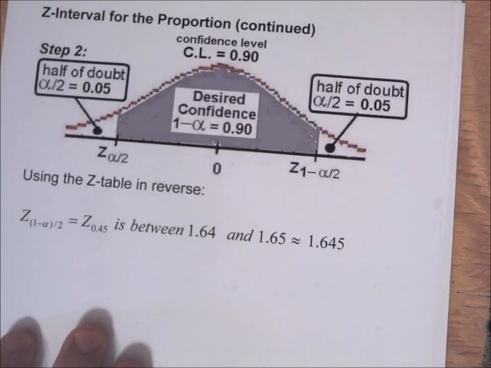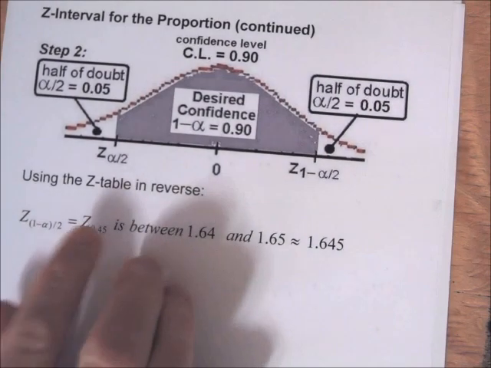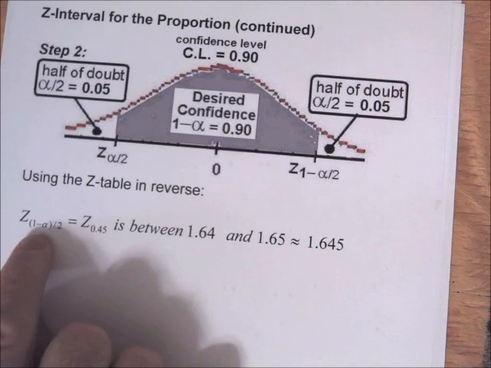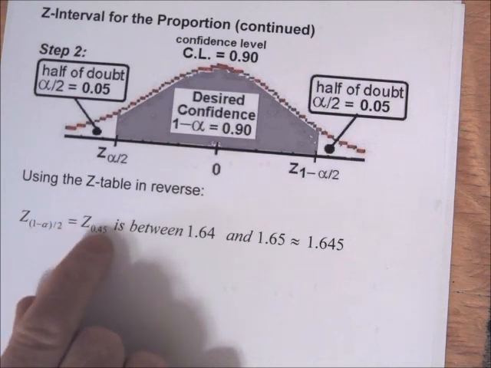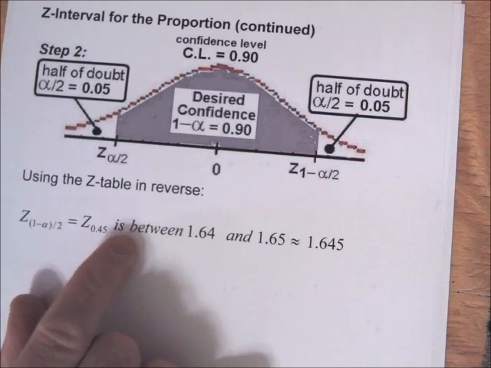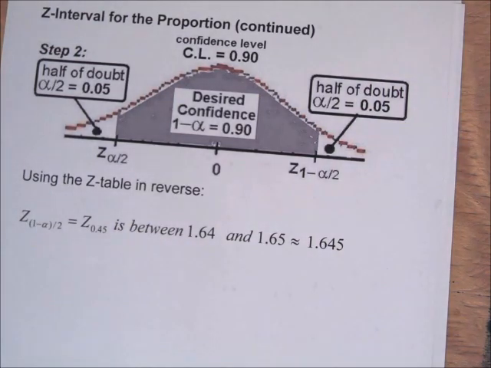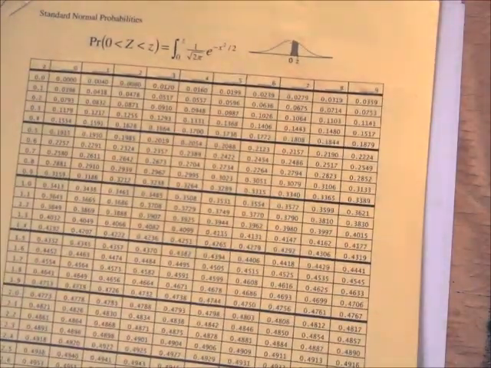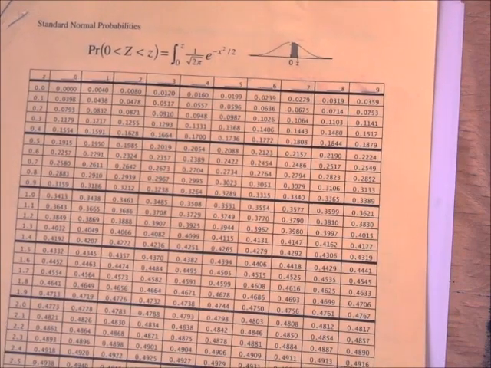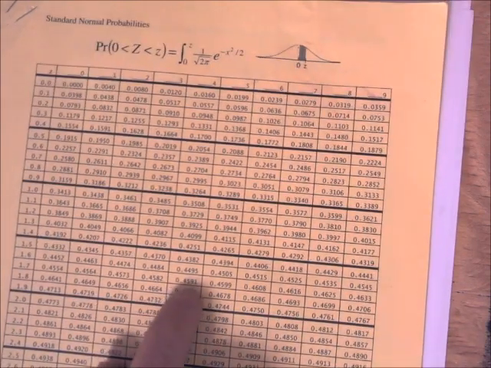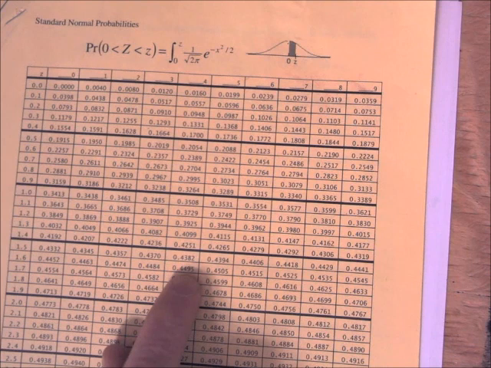confidence in the middle. So half of our level of confidence, 1 minus alpha, divided by 2, 0.9 divided by 2, is 0.45. We look for 0.4500 in the body of the z-table, using this table in reverse. And it's not in there exactly. The closest numbers are in row 1.6, columns 4 and 5.